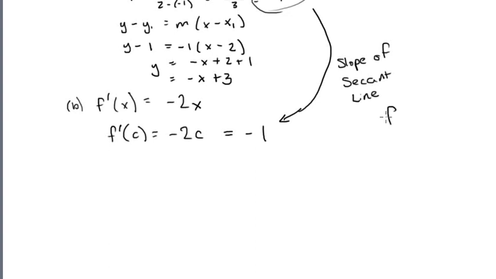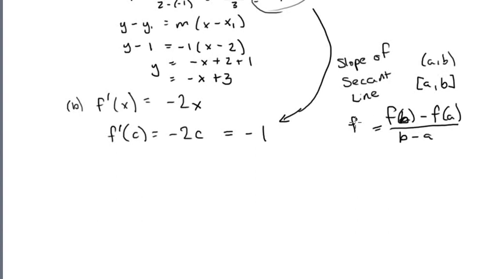And this is found by saying f of b minus f of a over b minus a. And the mean value theorem says that as long as on the interval from a to b we are continuous, and on the open interval from a to b we are differentiable, then there will be some value c in a to b such that my derivative will be equal to the slope of the secant line.